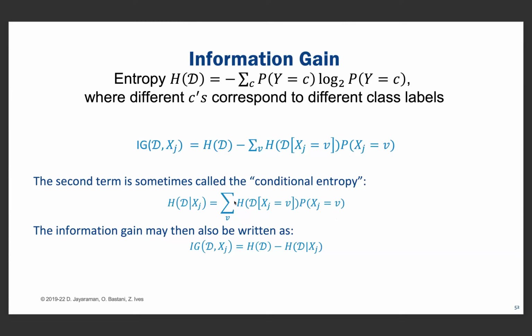This way of writing, H(Y | X_j = v), is sometimes called conditional entropy, which just means that it's an entropy where this value is fixed, weighted by the probability of that value, and we're summing up for all of them. In this case, the information gain could be written as the entropy minus the conditional entropy for this particular feature.